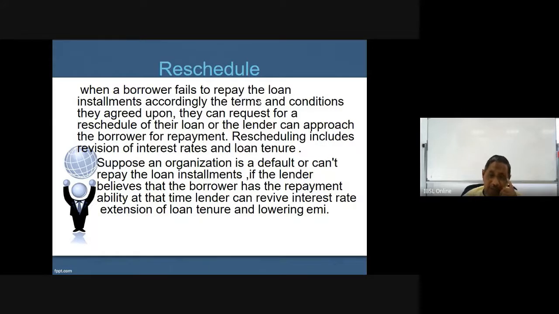The best option is to go for rescheduling, if the customer's repayment ability is there. Match the cash flow, how much is coming, work out cash flow projections, and do the reschedule accordingly.